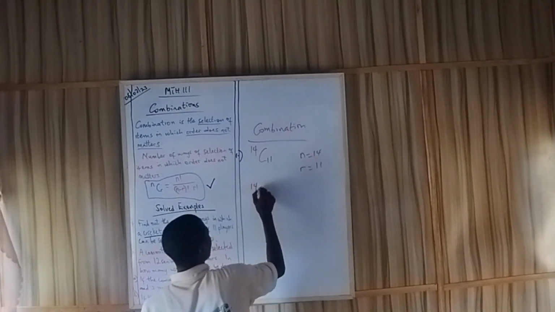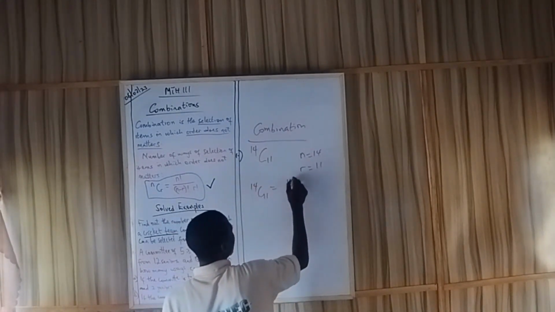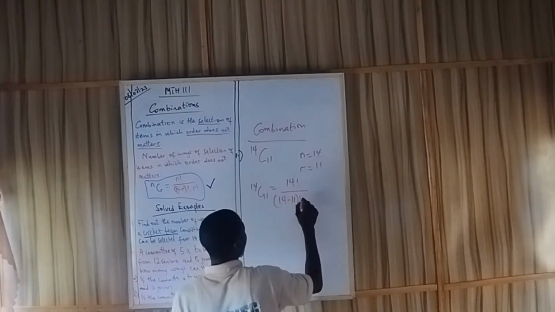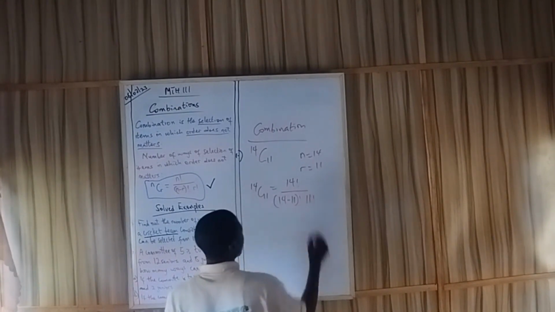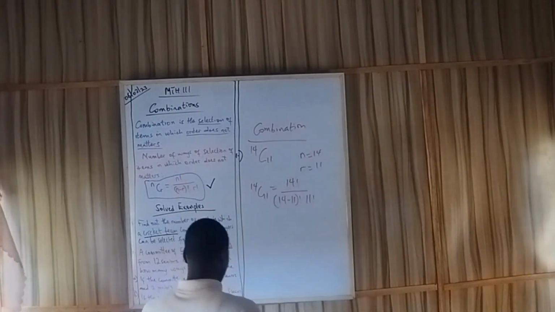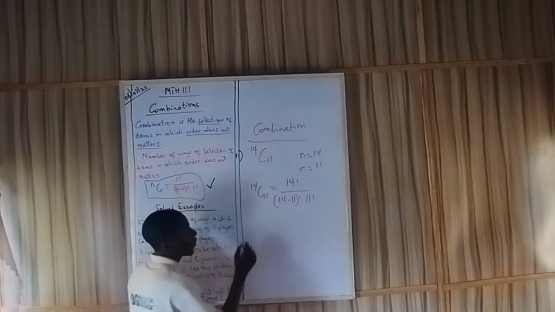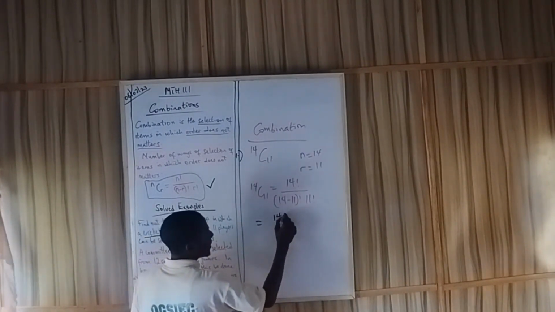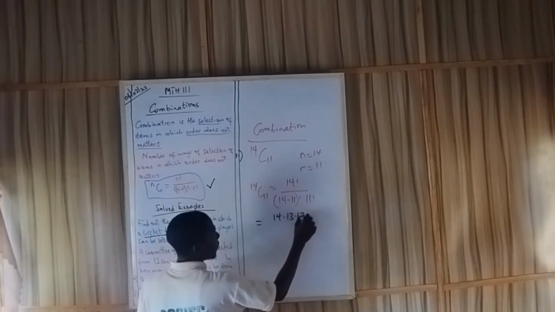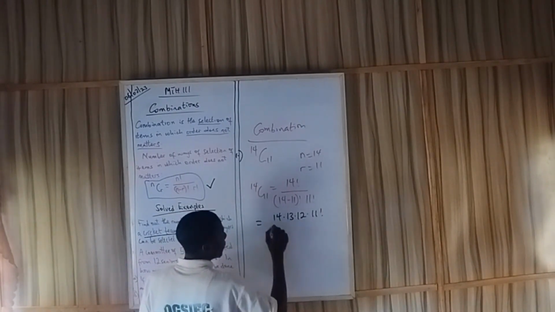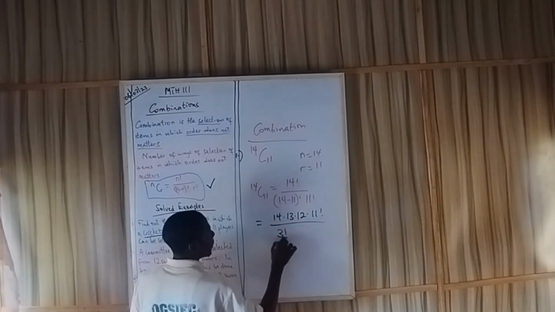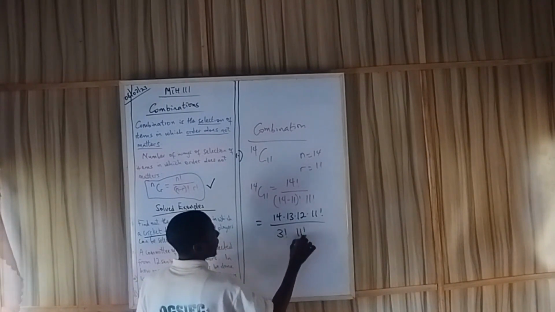So 14 combination 11 will give you 14 factorial over (14 minus 11) factorial times 11 factorial. Solving this will give us 14 factorial, which is 14 times 13 times 12 times 11 factorial, and then 14 minus 11 is basically 3 factorial, times 11 factorial.